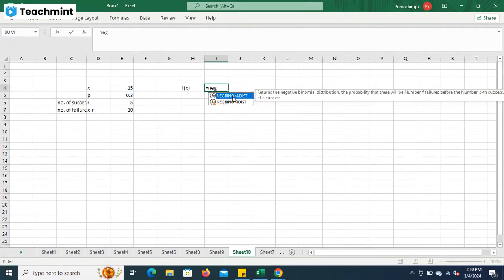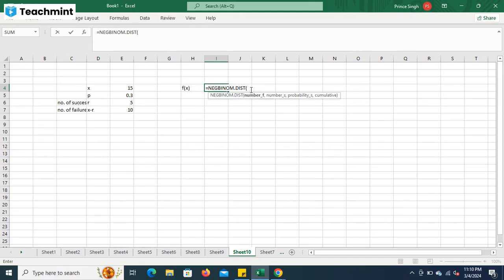When I select this, what kind of information is required? The first one is the number of failures. Like I told you, I get the fifth success in 15 trials. So out of 15 trials, if we get 5 successes, automatically it means that in the remaining 10 trials we get failures only.